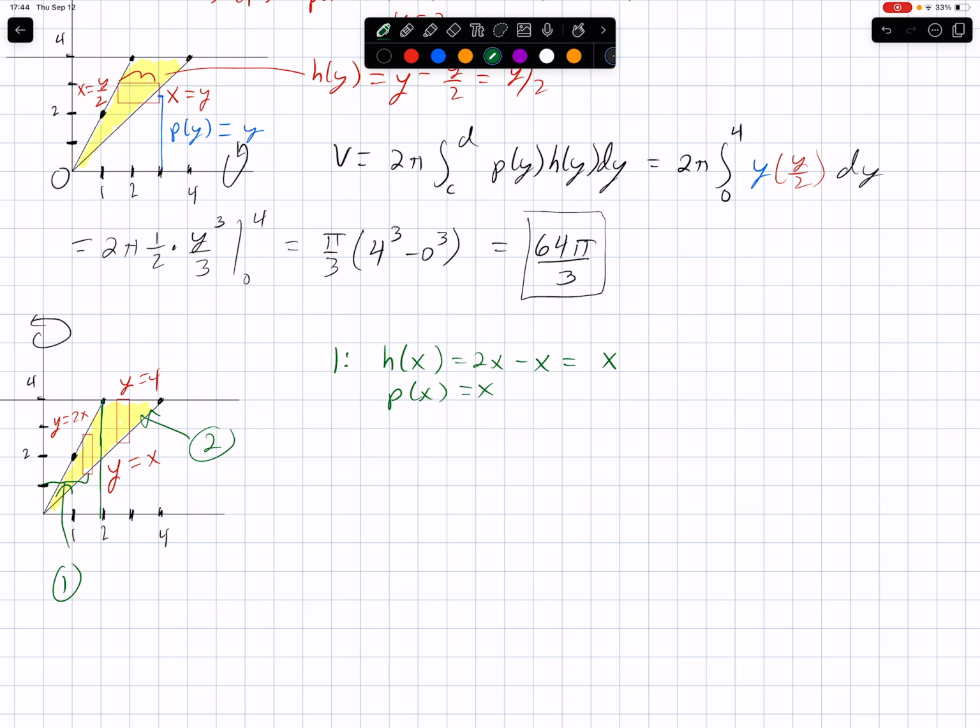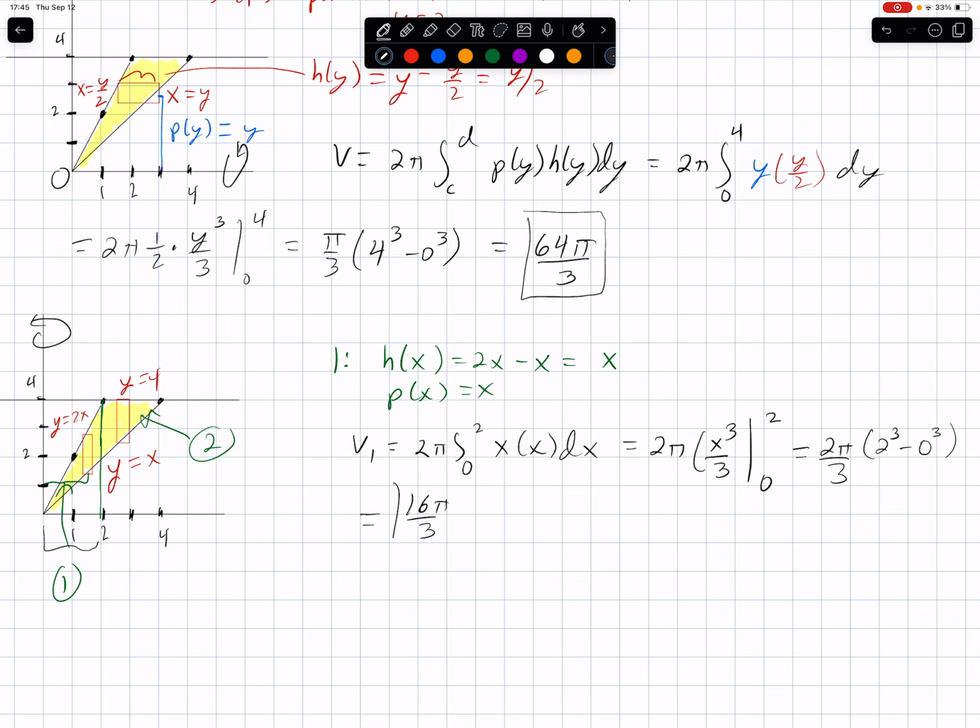And so we could say our first volume is 2 pi, and we're going to go from 0 to 2, and p of x is x, h of x is x, dx. So it's going to give us 2 pi, and x squared is what that simplifies down to in the integrand. When we integrate that, that's going to be x cubed over 3, evaluated from 0 to 2. So we're going to have 2 pi over 3 times 2 cubed minus 0 cubed. That's going to give us 8 times 2, so 16 pi over 3.